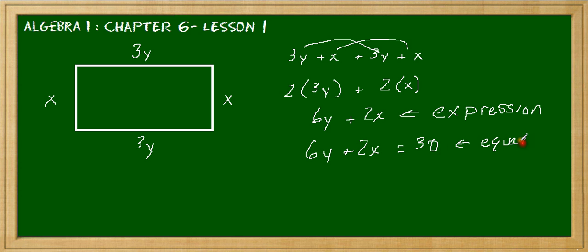And again, the equation is created by creating a relationship to a value, in this case the value of 30. If we look at the expression, there is no relationship to any value, other than we know that we're dealing with a perimeter and that we can add the values of these sides to get it. But we're not stating what the actual perimeter is.